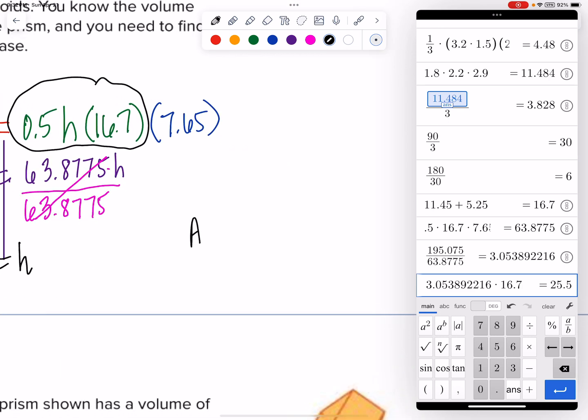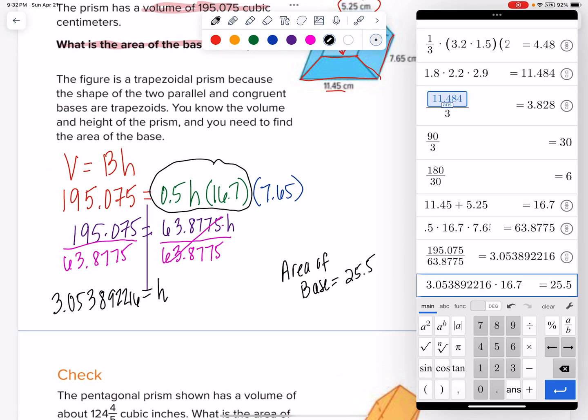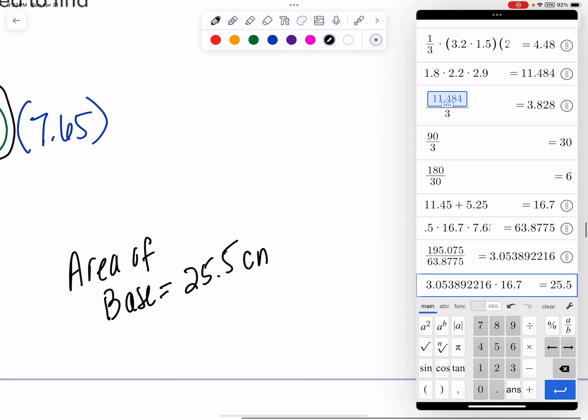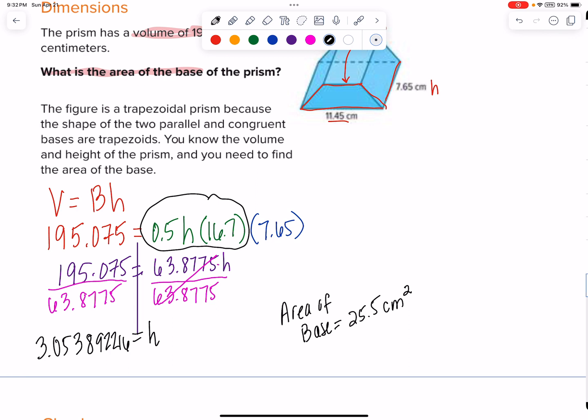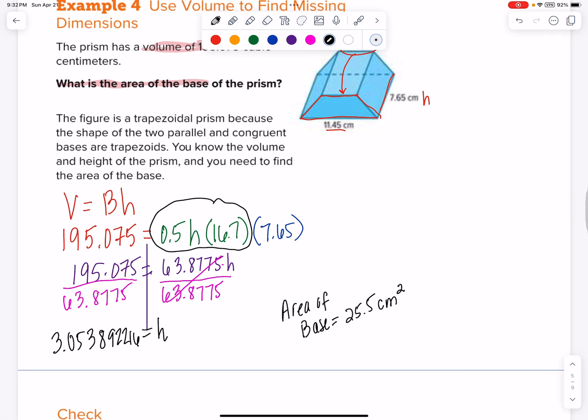So area of base equals 25.5, and that's centimeters. Now think about it. Is area squared or cubed? Area is squared.